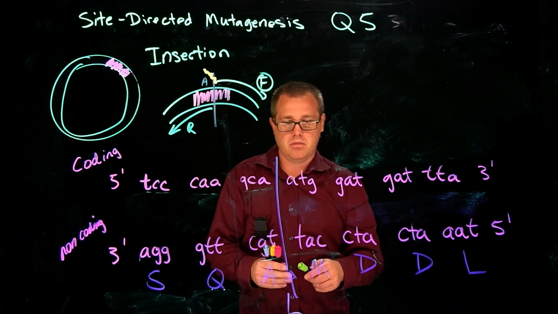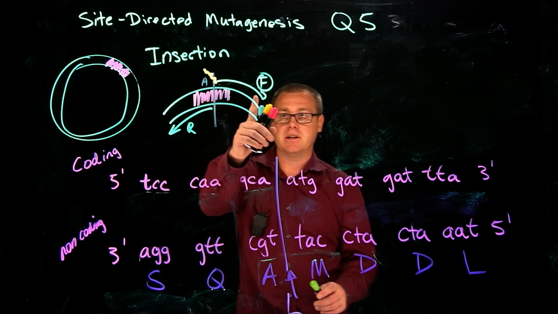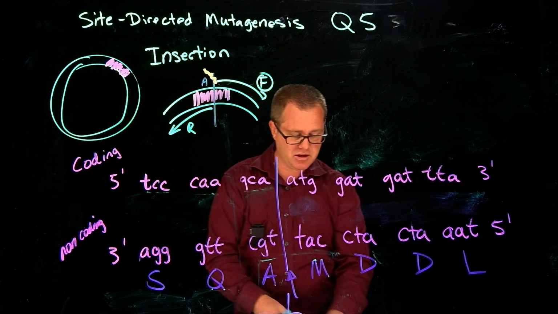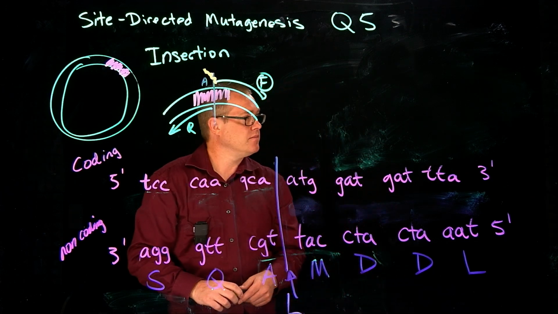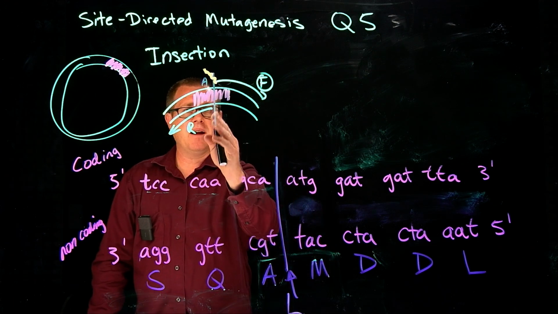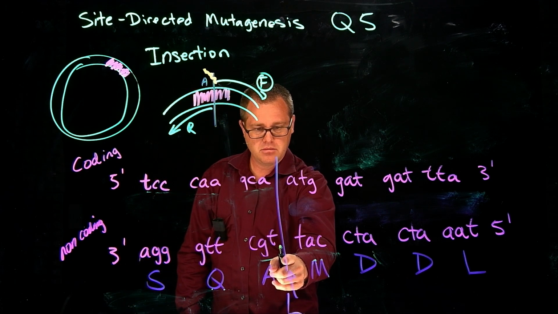So when we come to design the primer, let's start with maybe the reverse primer. That will be the easier one. So the reverse primer is just right at that junction, which is right here.